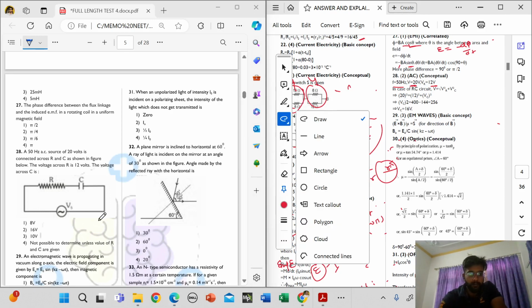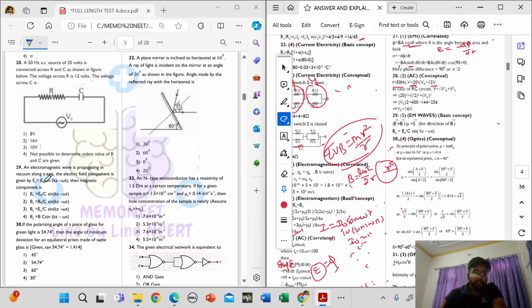Now, 29th question. An electromagnetic wave is propagating in vacuum along the z direction, in direction k cap, and the electric field component in the x direction is E naught sin kz minus omega t. That is Ex. Then the magnetic field component. See, the magnetic field component will always be perpendicular to both the direction of propagation and the electric field.